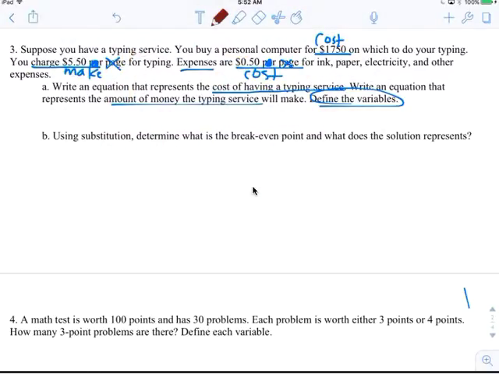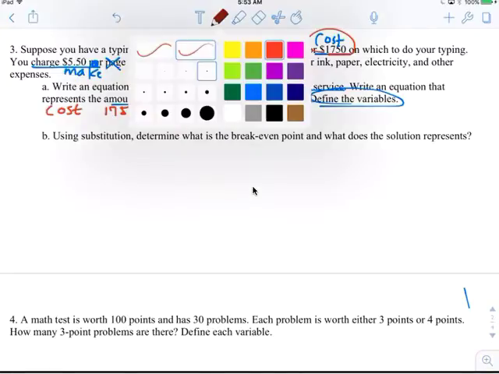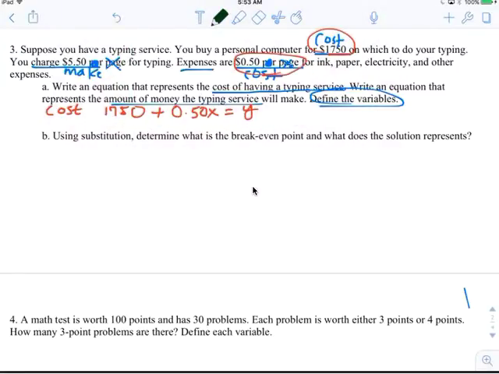Okay, so the cost is this, $17.50, and the other cost is this. So we have two of them. We're going to add both costs together, equals the total cost. And then the next one is what she's going to make, or what we call income.